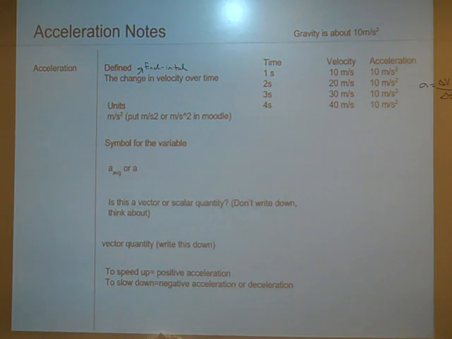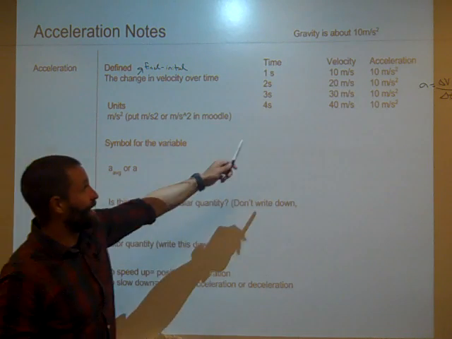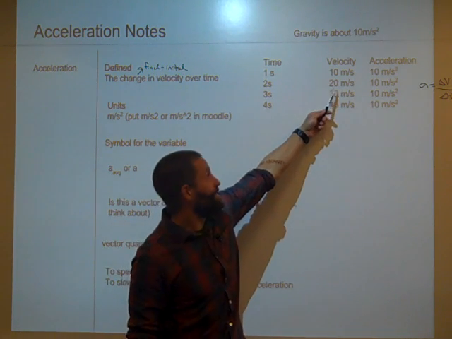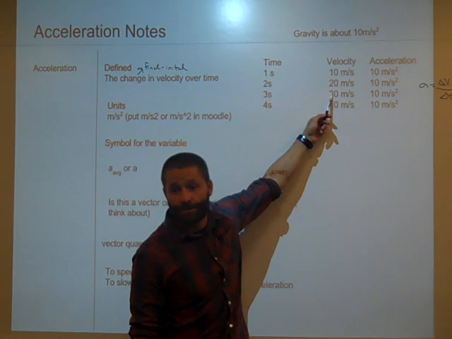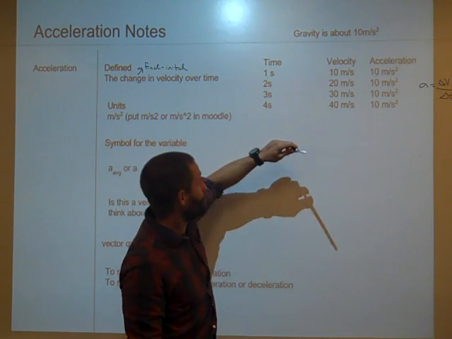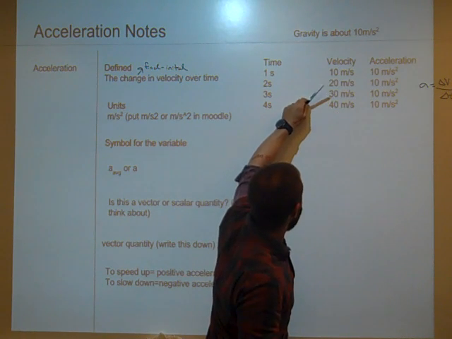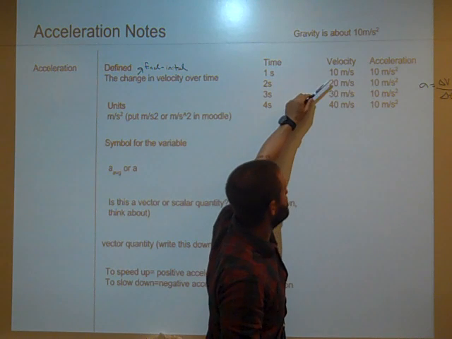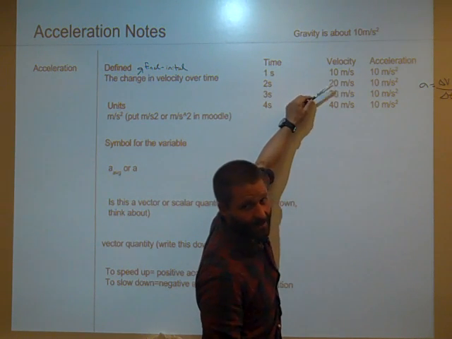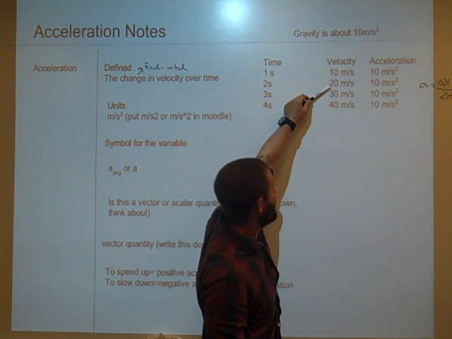Wait, isn't it final minus initial? This is my final velocity, this is my initial velocity. Final is the furthest one you've done. But wouldn't the initial be 10? So if we did it from that last point there, you with me on that? That's what I was just doing from the last point there. Okay?